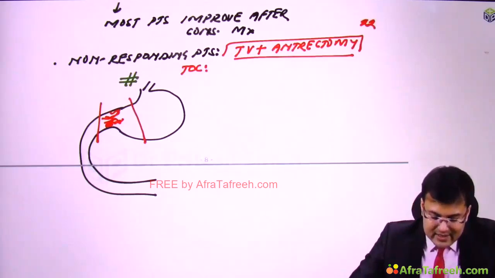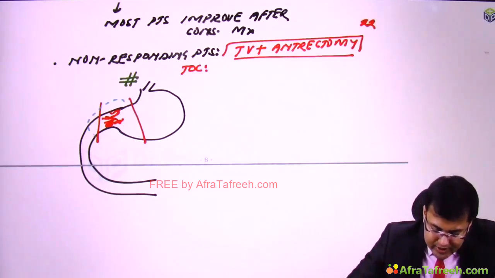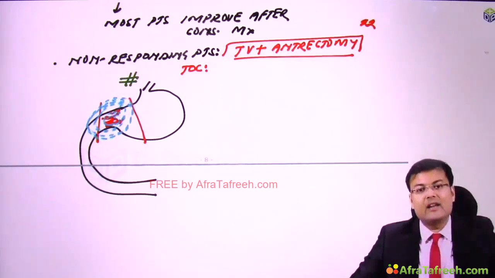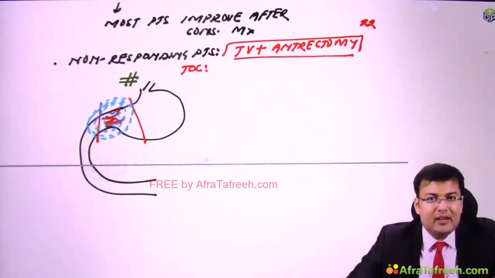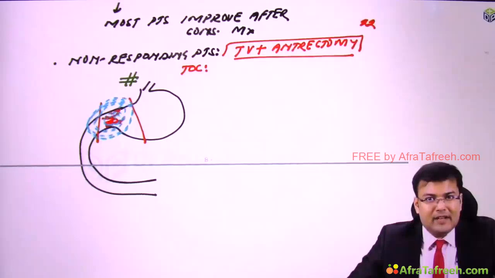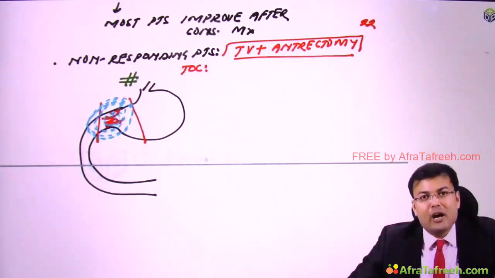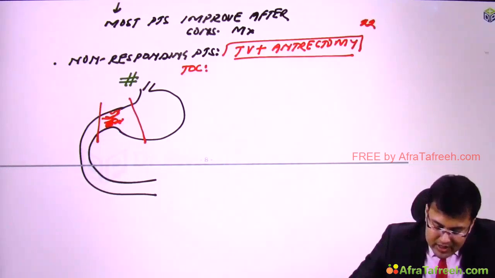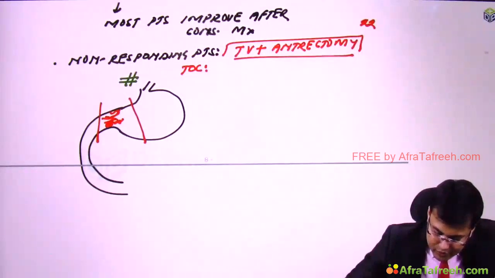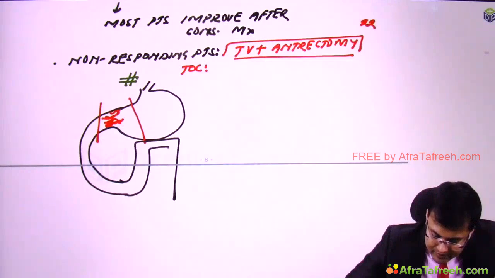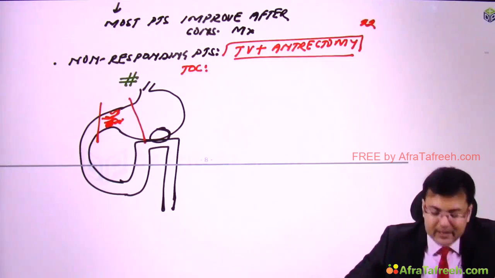But in certain cases, there is extensive fibrosis or scarring, and because of it the antrectomy becomes difficult. In those cases we perform truncal vagotomy plus gastrojejunostomy. So this is the alternative treatment if antrectomy is difficult.